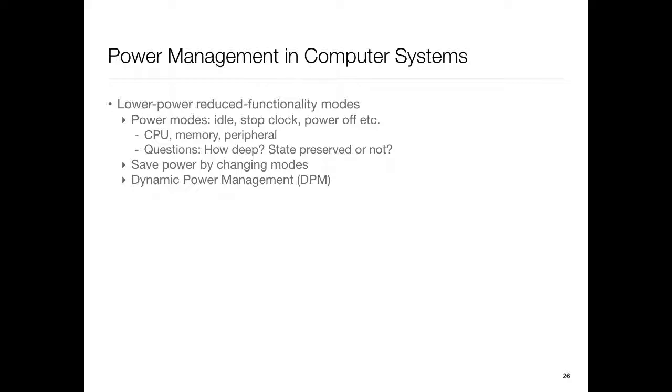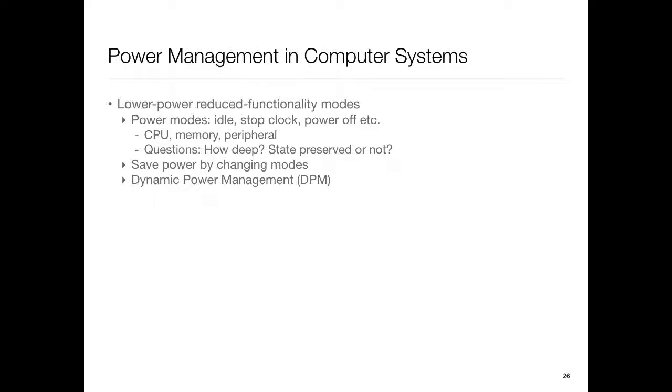What I'm talking about is from the perspective of a processor, but the same thing applies to other parts of a system also, to the radio and the other peripherals as well.